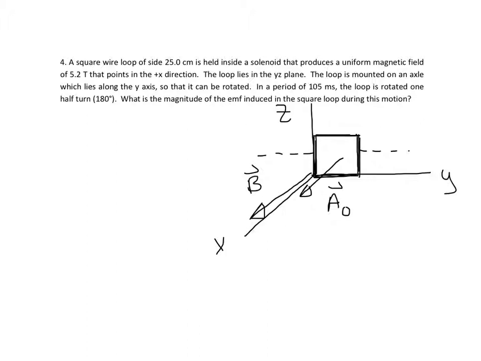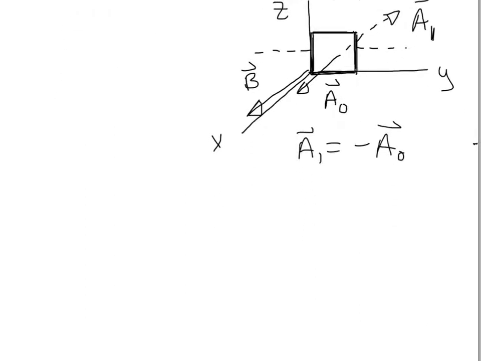As the loop rotates, the area vector, which originally was pointing this direction, will end up pointing in the opposite direction, where A1 is minus A0. So the final area vector is actually the negative of the initial.